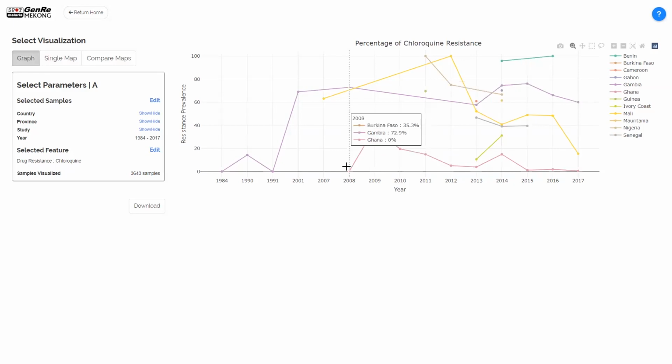And so there must truly be a pocket of chloroquine sensitivity, and it's not merely the result of sampling bias, or at least not merely sampling bias from different time periods.